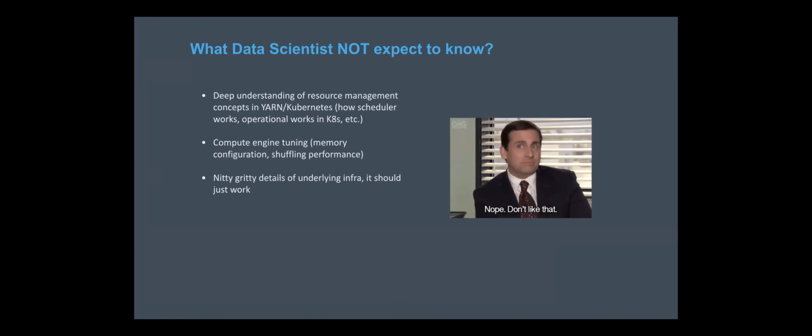This kind of thing is interesting for infra or big data engineers, but data scientists tend not to look at this. They just want to make things work. And for any other nitty-gritty details of the underlying infra, we should just make the infra work.